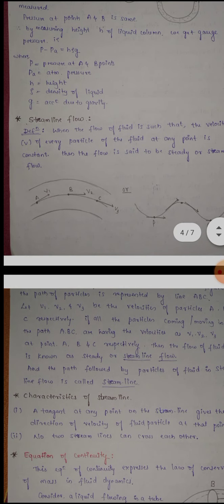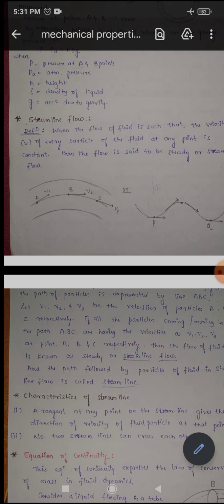Next, we have streamline flow. What is meant by streamline flow? Just take an example like when you start the water tap in your home. When you start the water tap very slowly, the water flowing from the tap is very slow and very smooth.